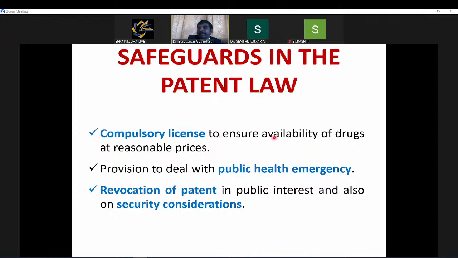When there is an emergency, we should take care of that, and there is some provision available. And revocation of patent is possible in the interest of the public and also for security considerations. These are all the safeguards present in the patent laws.